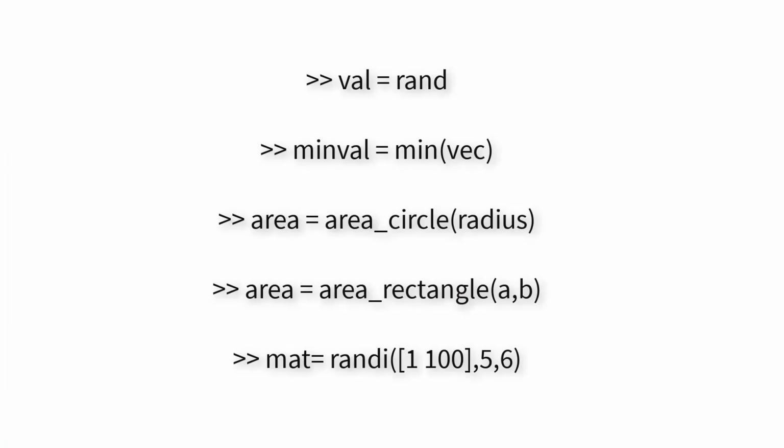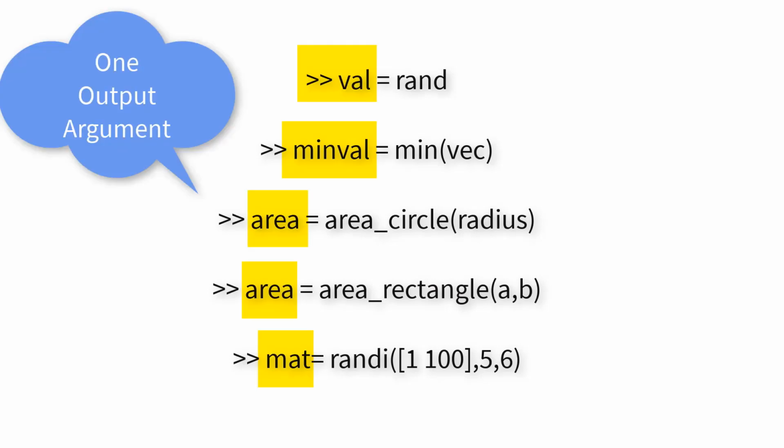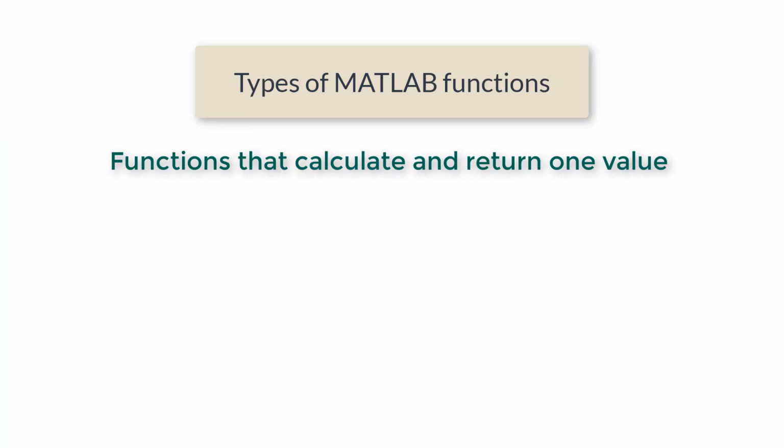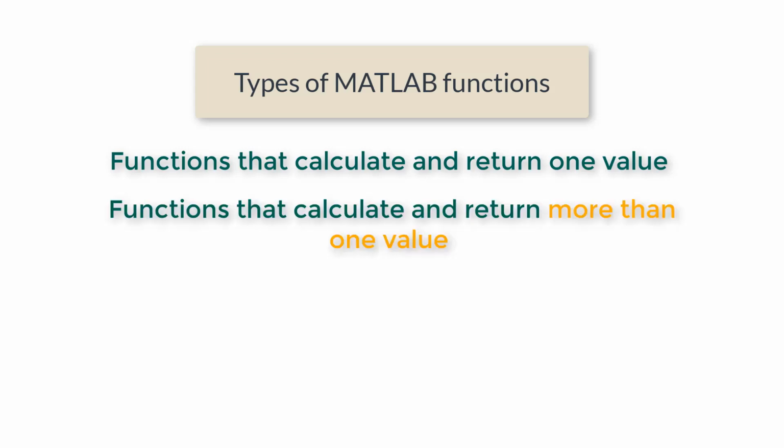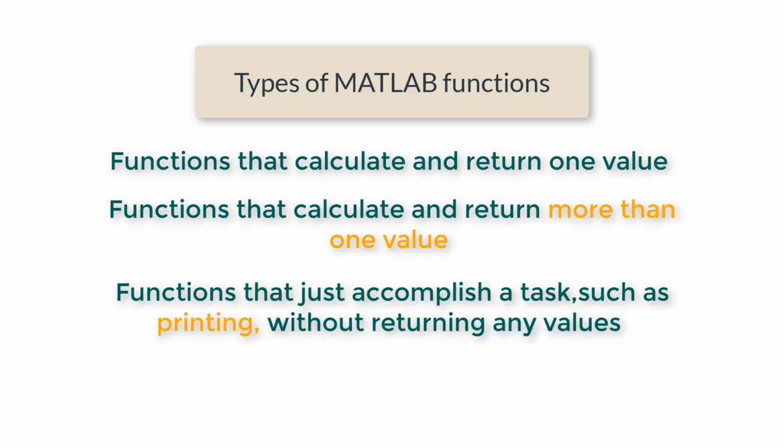All right, so let's look at all these function calls which we have seen so far in the semester. One common thing about all these function calls is that you have only one output argument, although you have different input arguments. So that way we can classify the MATLAB functions into functions that calculate and return only one value, functions that calculate and return more than one value, such as the MATLAB inbuilt function size, which returns two output arguments, rows and columns.